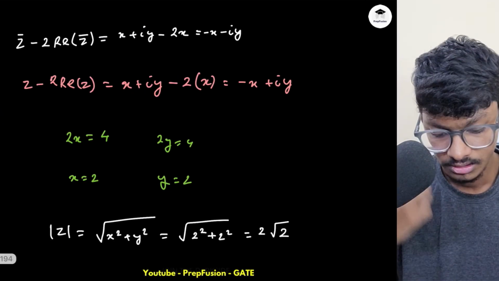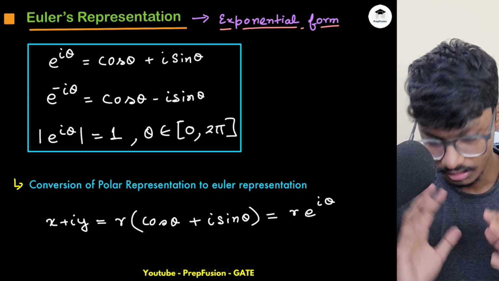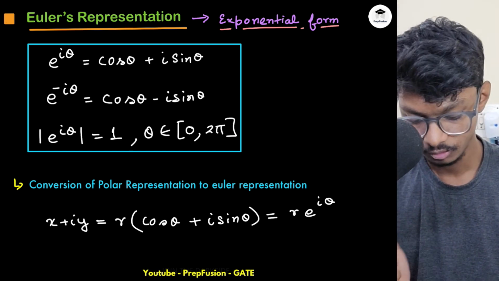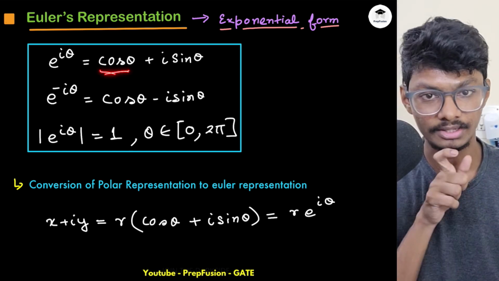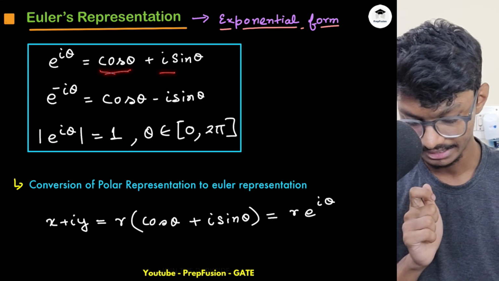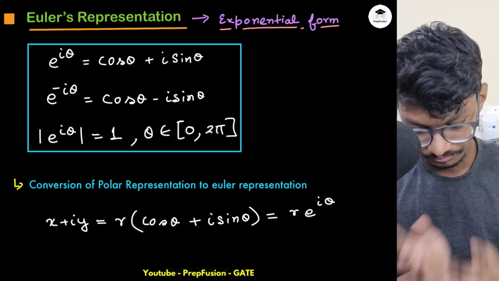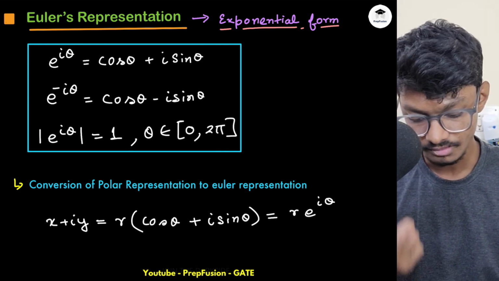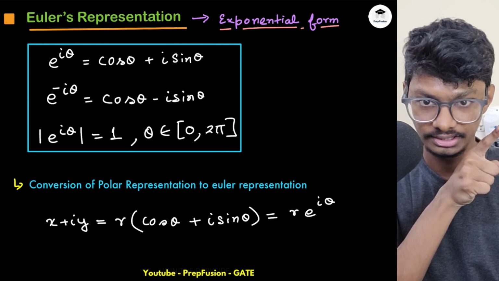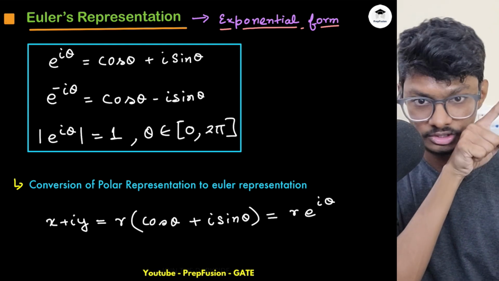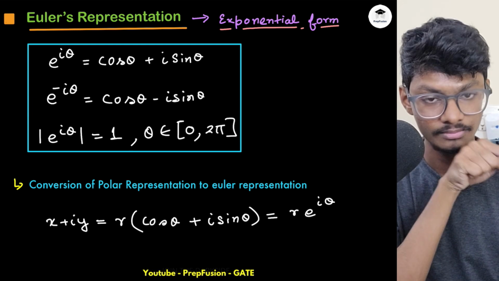Now we'll understand one more important topic, that is Euler's representation. So what is Euler's representation? Basically, I can write cos theta plus i sin theta as e raised to power i theta. That is what Euler has told us. You can also prove it: cos theta is e raised to power i theta plus e raised to power minus i theta by 2, and sin theta is e raised to power i theta minus e raised to power minus i theta by 2i.